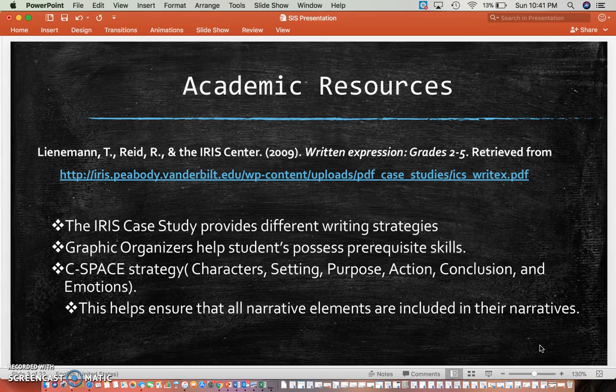I focused mainly on the C-SPACE strategy. The C-SPACE strategy stands for character, setting, purpose, action, conclusion, and emotions. This strategy helps ensure that all those narrative elements that need to be in their narratives are included.